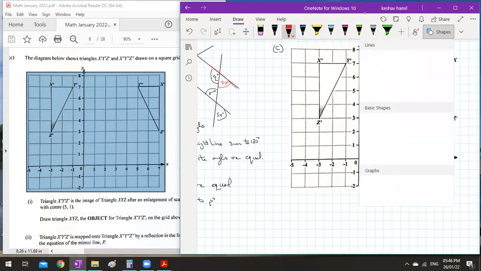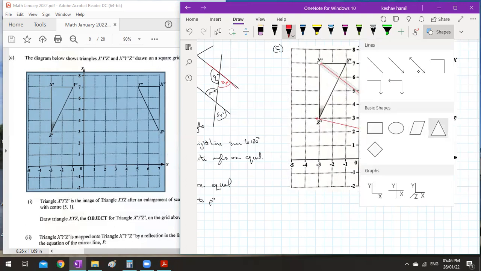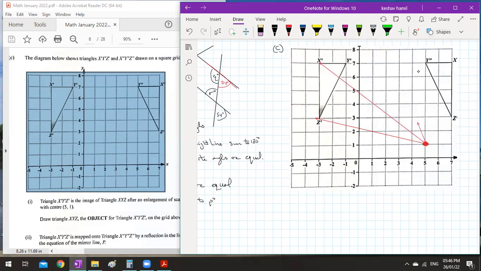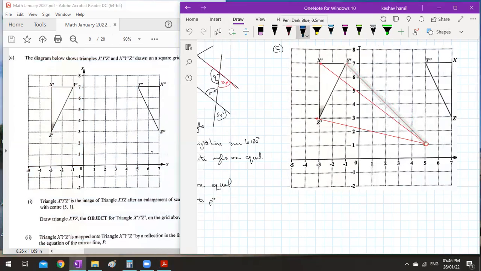Now you have to take into consideration to go from here to here, from here to here, from here to here. Now this is the enlargement at a scale factor 2. We're going to look at the vector from this point, let's call it E, to Z1, right? The vector will be 1, 2, 3, 4, 5, 6, 7, 8.